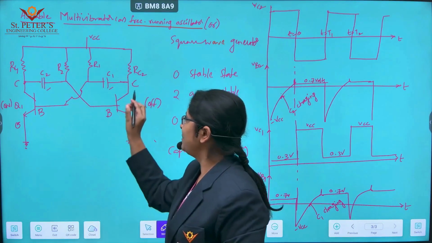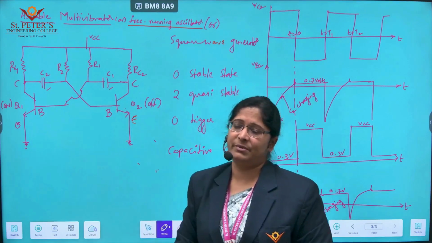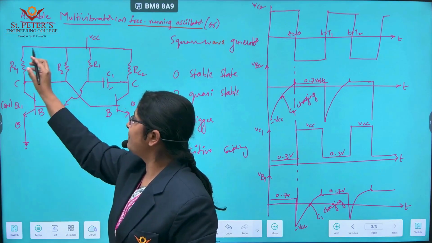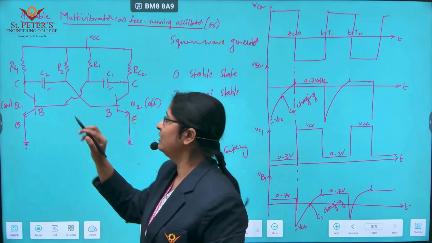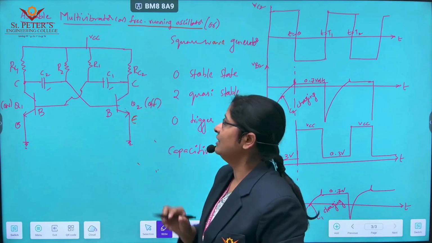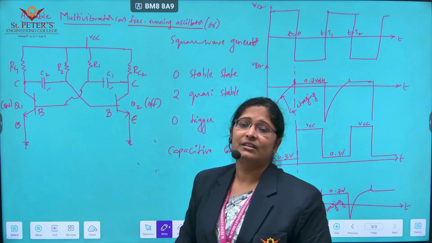This is a cross-coupled connection in this multivibrator. The collector terminal of the first transistor is connected to the power supply through a resistor RC1, and the collector terminal of the second transistor is connected to the supply through a resistor RC2.